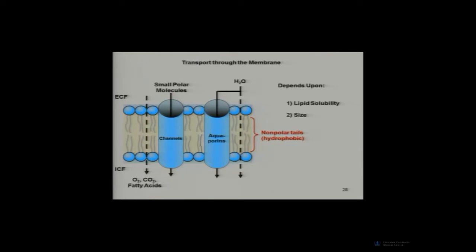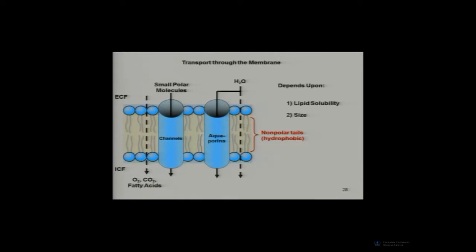Small polar substances, okay? There are some passive channels in the membrane that allow small polar substances to cross, okay? And some of these protein channels are selective for certain things. So there actually are some passive channels that allow sodium to enter the cell, passive channels that allow potassium to leave the cell, okay?